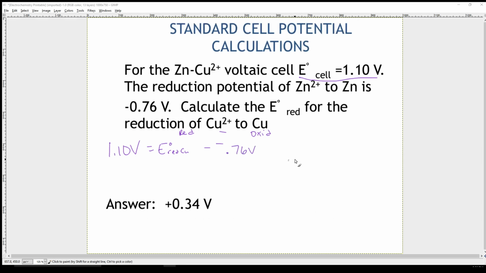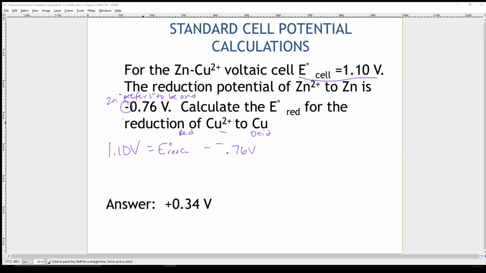And hey, it makes sense that zinc is the one that's being oxidized because based off of this negative number, does it really want to be reduced? No, not really. Zinc, you could say, prefers to be oxidized. So this order makes sense now.